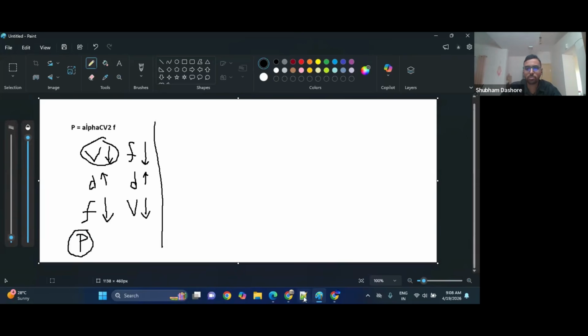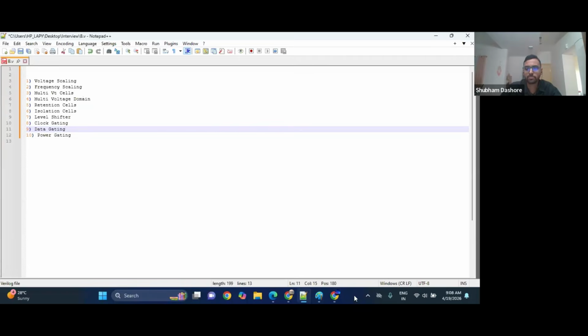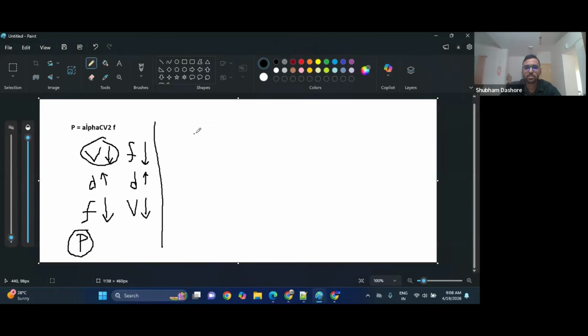Now if we talk about the next one, the multi-VT cell. Suppose we have a launch block, a capture block, and the clock, and there is combinational logic. The data is going like this.